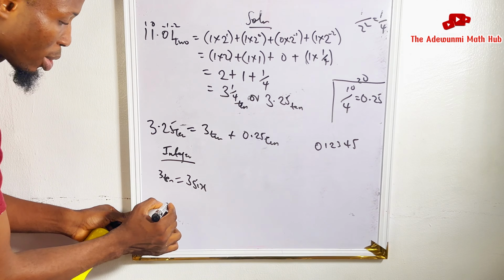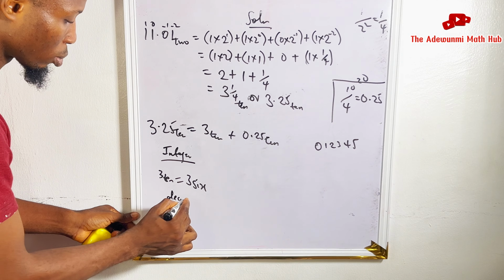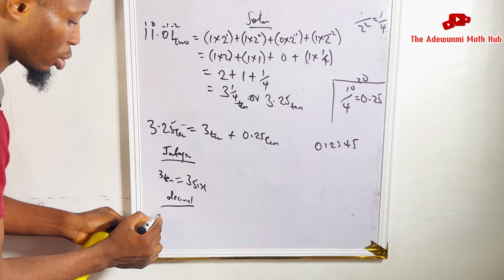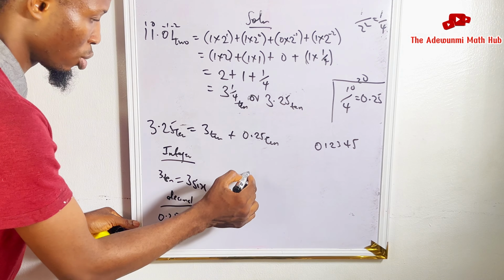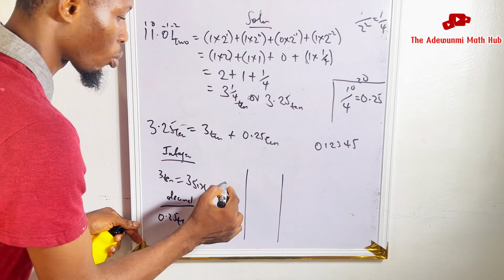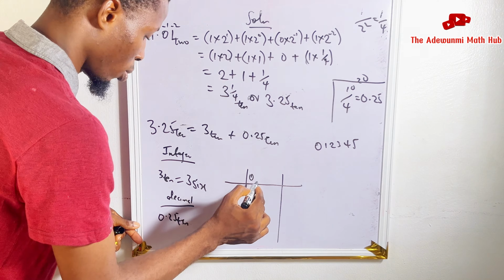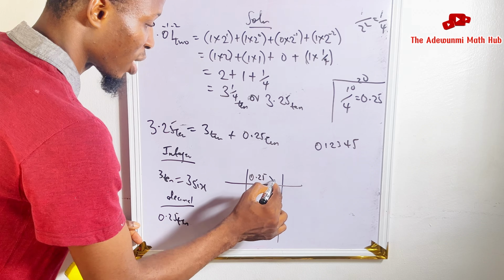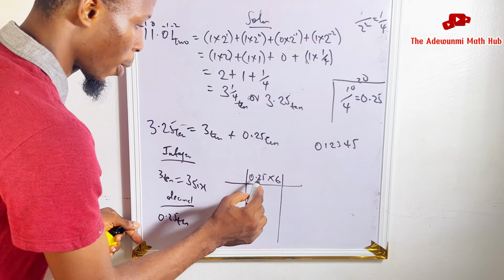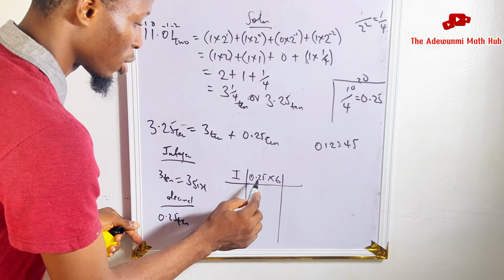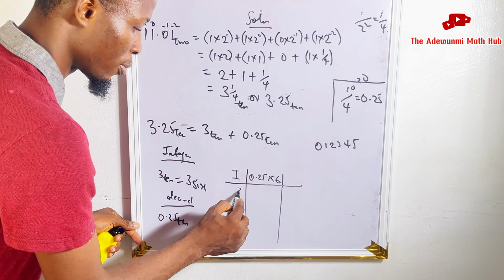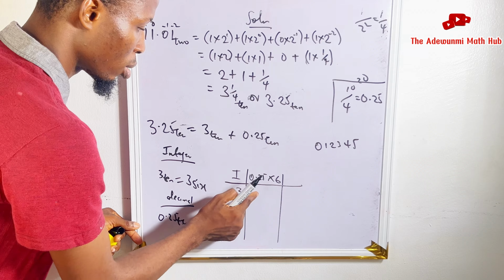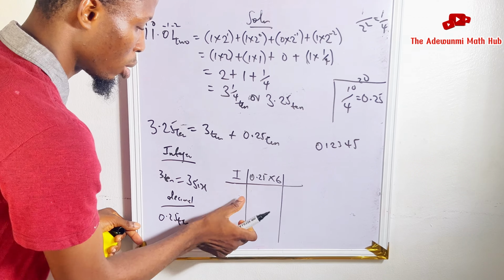Let us go to the decimal, which is 0.25 base 10. We are converting it to a number in base 6. So we have 0.25 times 6. Don't forget the integer on this part. 0.25 times 6 is 1.5.